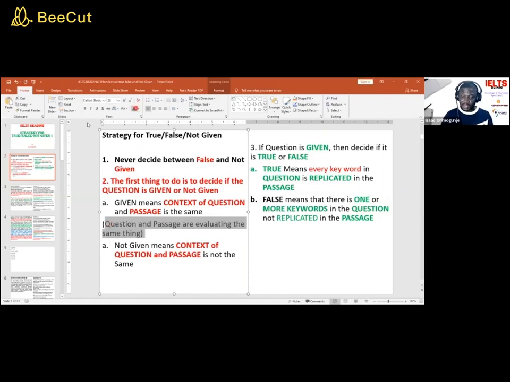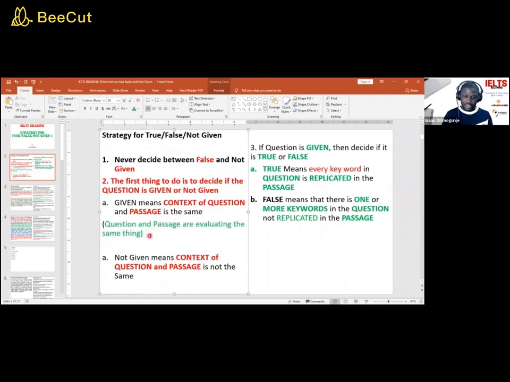The issue here is don't focus on the content, because it's very distracting. You are not focusing on content; the focus is on context. This is where some people get it totally wrong, because the content looks similar.